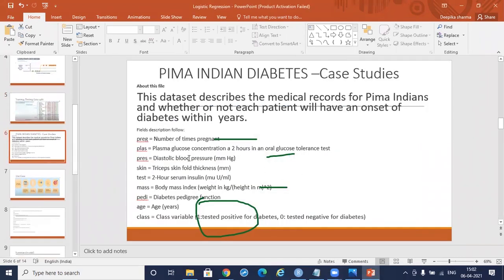So let's take a case of the PIMA Indian diabetes data set, where we have a few X variables, which are the input variables, and also the class variable, which is going to be the Y variable.